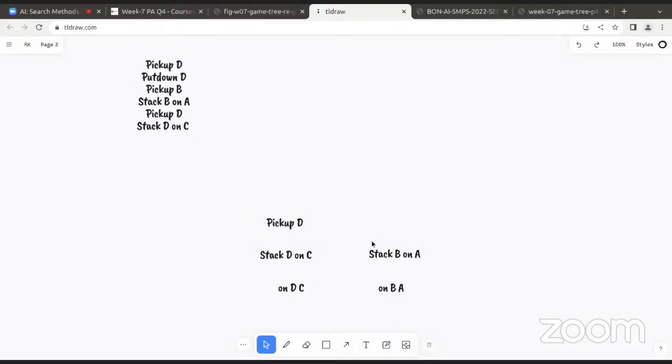Now this is the graph given to you, and we are saying that this pickup D is not the first action. This is not going to happen after A naught. I'm not going to enforce. Okay, put A naught here. And put A infinity here.